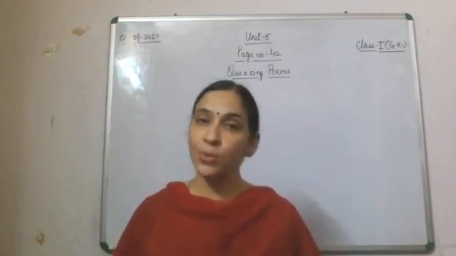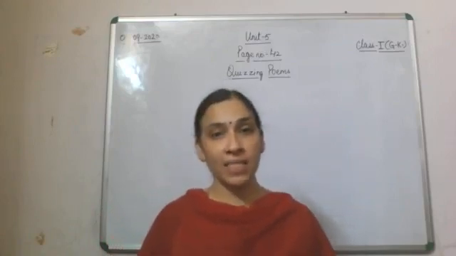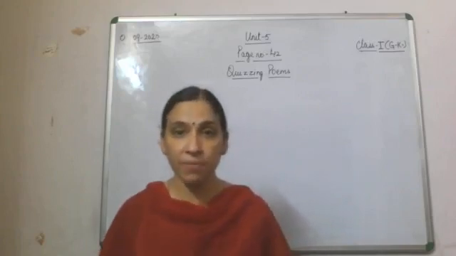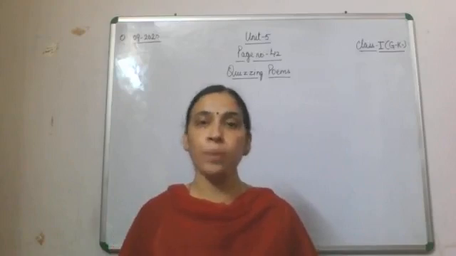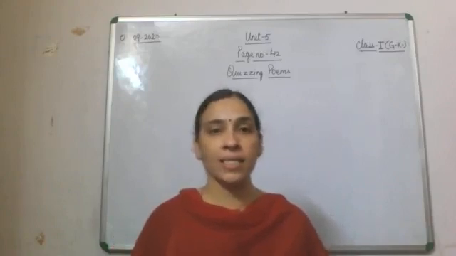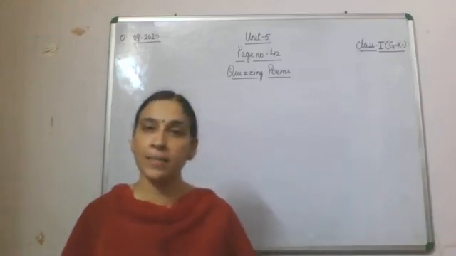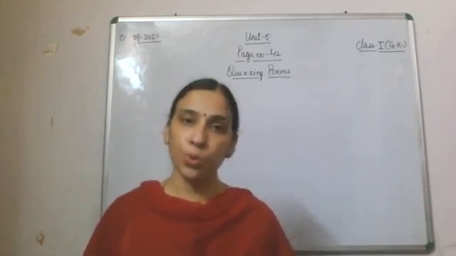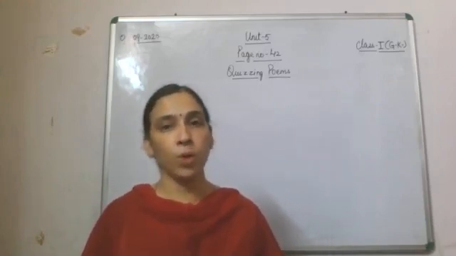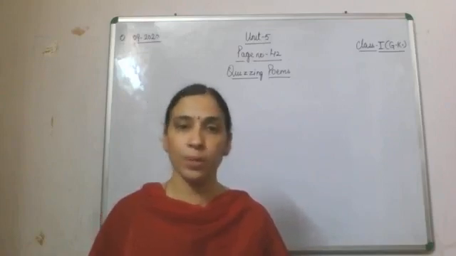Children, as you all know, we have started unit 5 of your GK book and we have done two pages from that, story time and cartoon time. Today we are going to do page number 42, the quizzing poem.